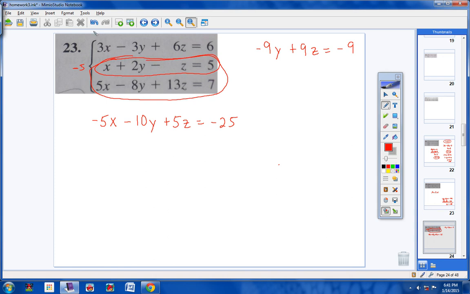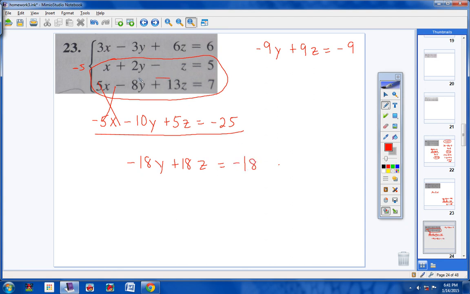Now I'm going to combine this equation here with this equation here. So here we go. My x's will cancel. Negative 18y plus 18c equals, hold on one second, let's see, negative 18 plus 18, and then negative 18.